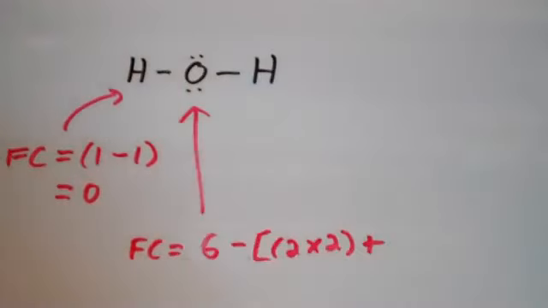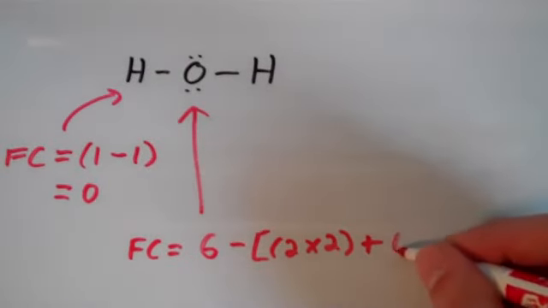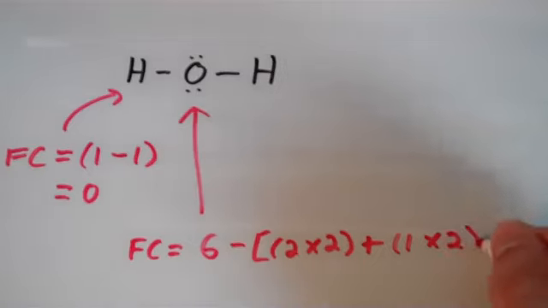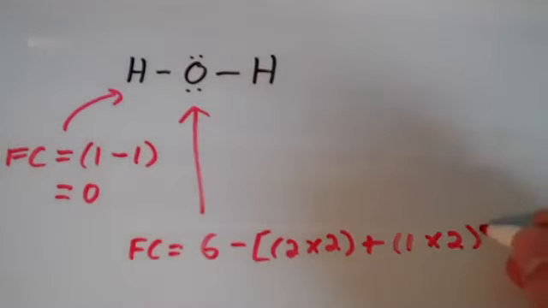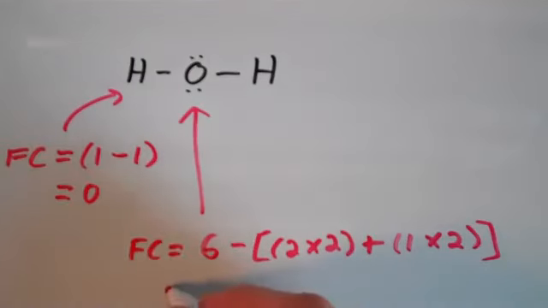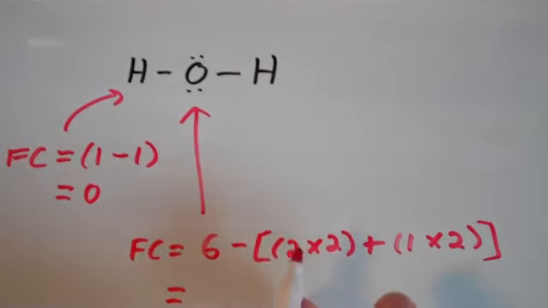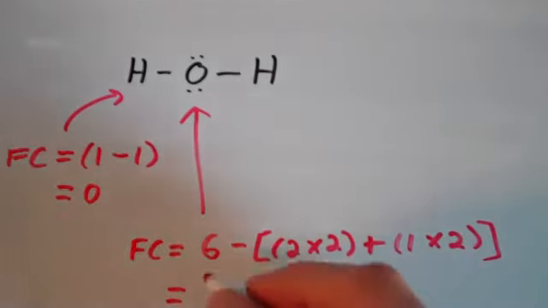There are 2 shared pairs, and it's 1 per shared pair, so 1 times 2. So 6 minus the quantity of 2 times 2 plus 2, so this whole term is going to be 6, so it's going to be 6 minus 6, or 0.